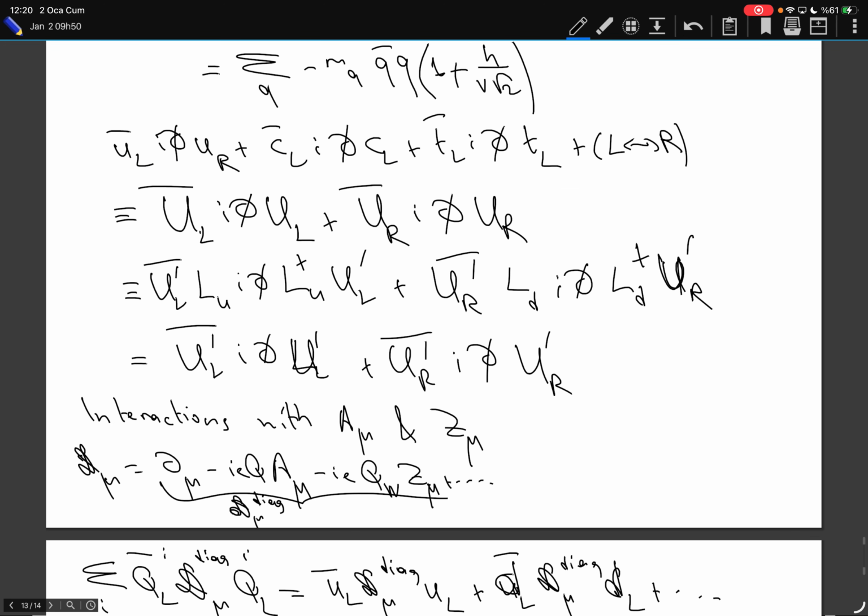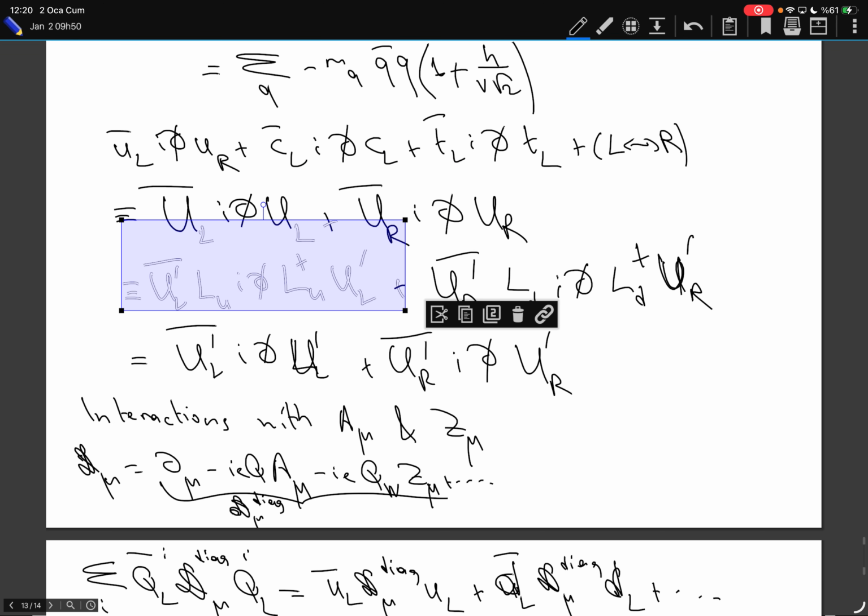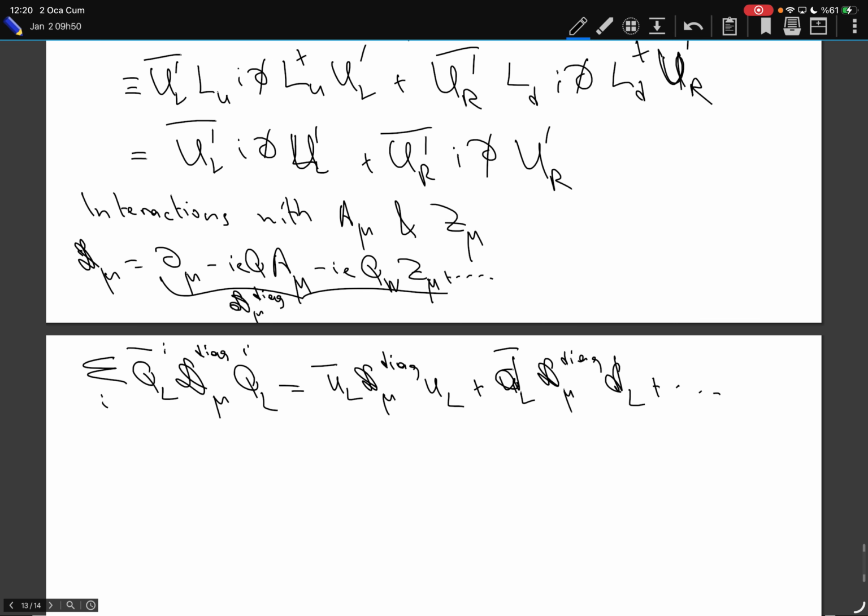If I transform into my newly defined prime fields, the transformation is unitary, so it will remain as it is. So again, nothing changes. My Lagrangian looks exactly the same in terms of my newly defined prime fields.